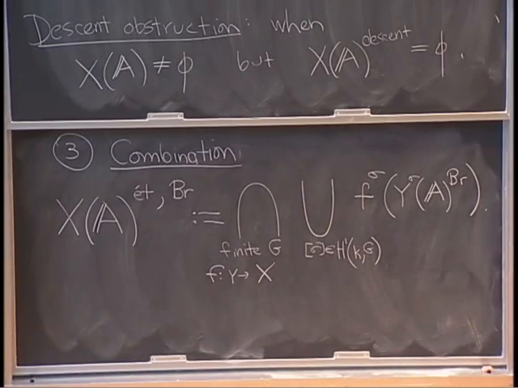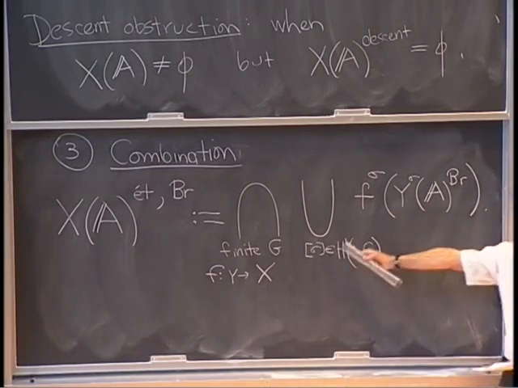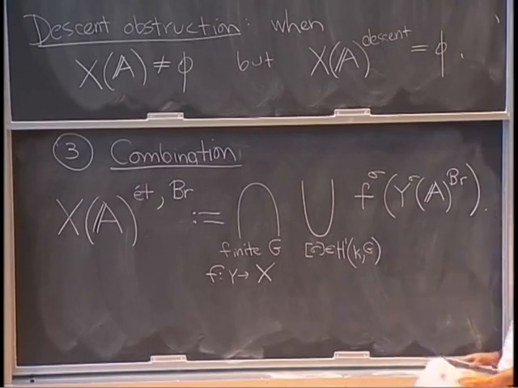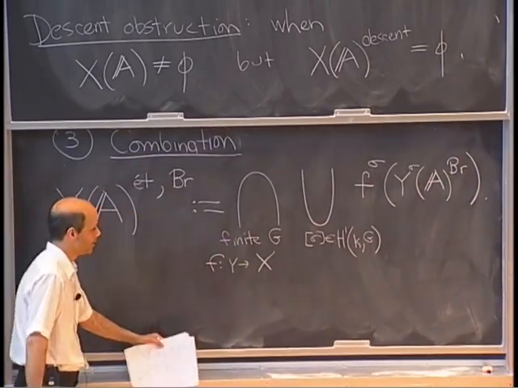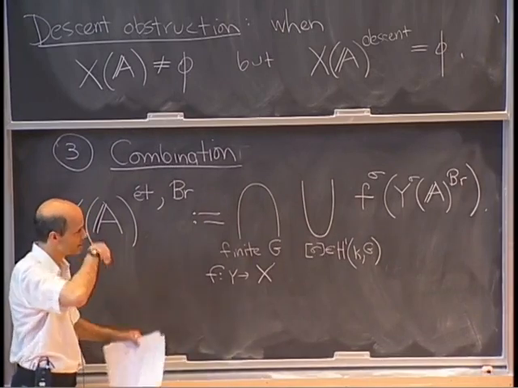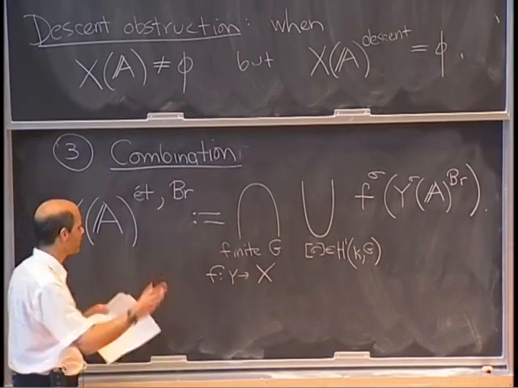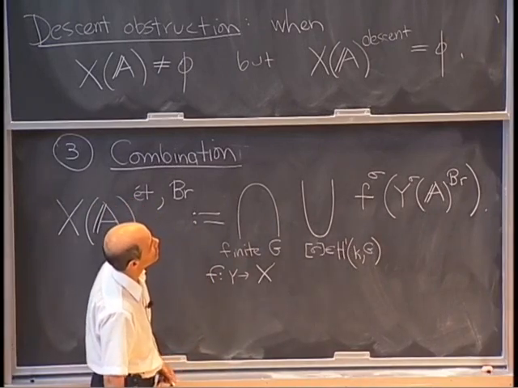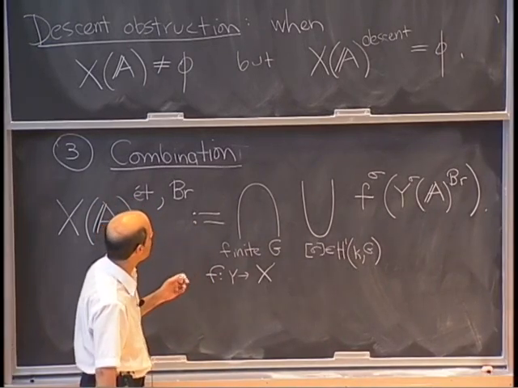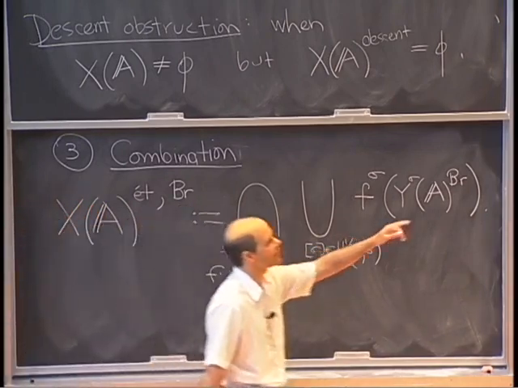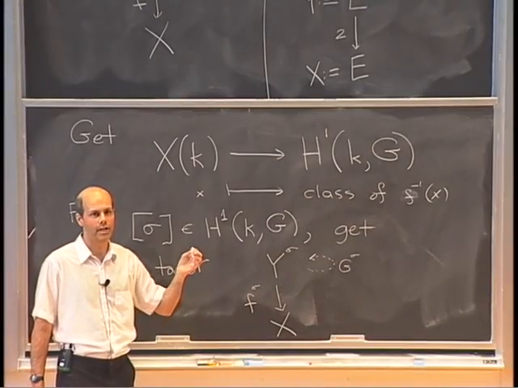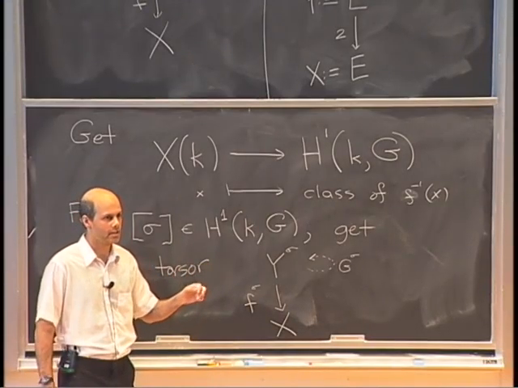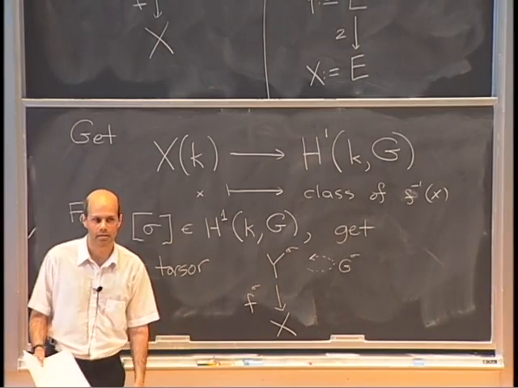Okay, so now how does this compare to these other obstructions? It was discovered, so I asked a question in a preprint I wrote in January, whether this equals the descent obstruction. The reason I asked this is because David Harari had already proved that if you restrict in this definition of the descent obstruction to connected algebraic groups, then what you get is actually equivalent to the Brauer-Manin obstruction.